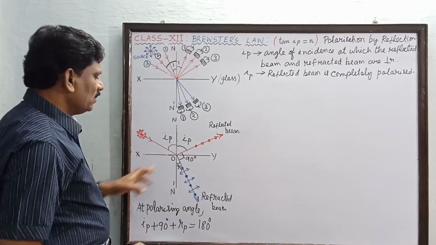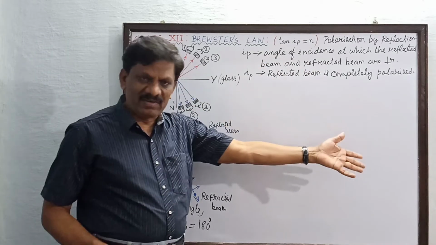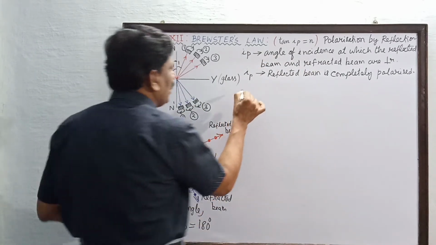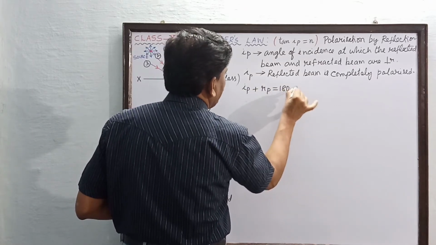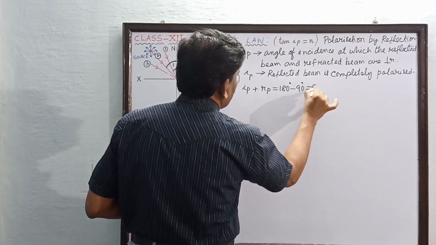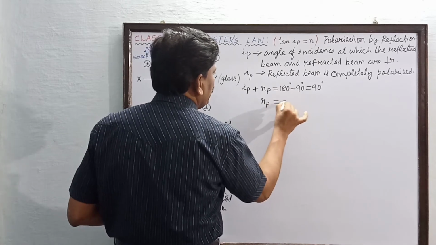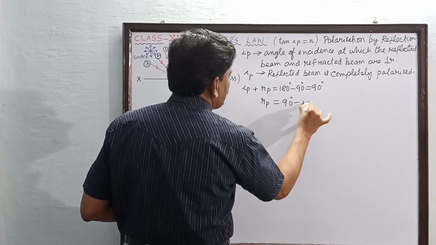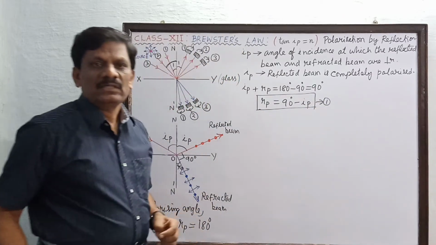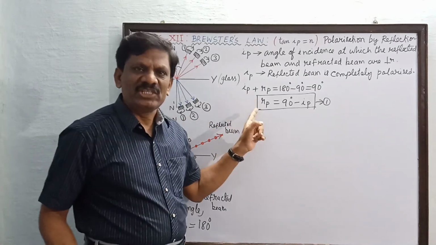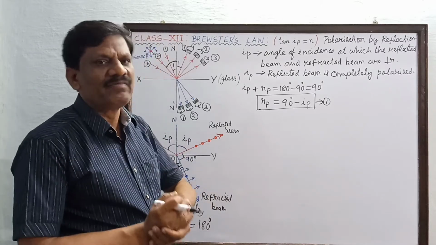So, this total angle must be equal to 180 degree, and this 90 is subtracted from 180 on the right hand side, so that IP plus RP is equal to 180 minus 90, and that is equal to 90. Therefore, RP must be equal to 90 minus IP. So, this is one equation. The angle of refraction is equal to 90 minus the angle of polarization or angle of incidence.